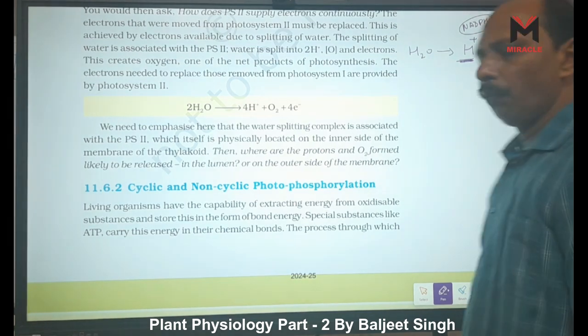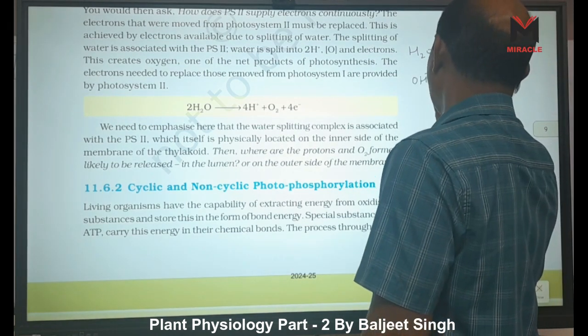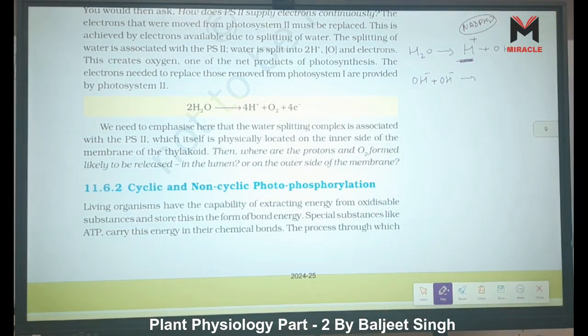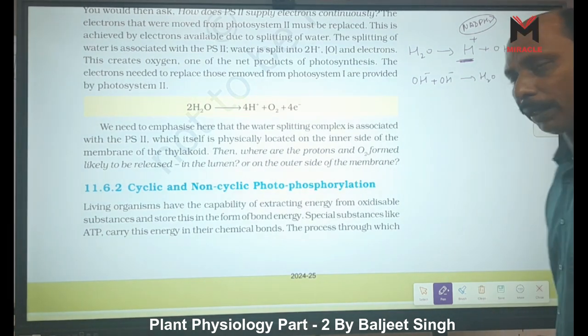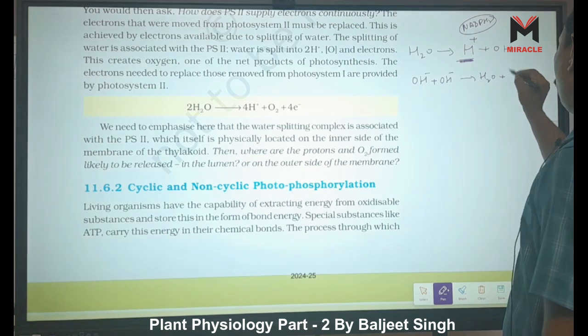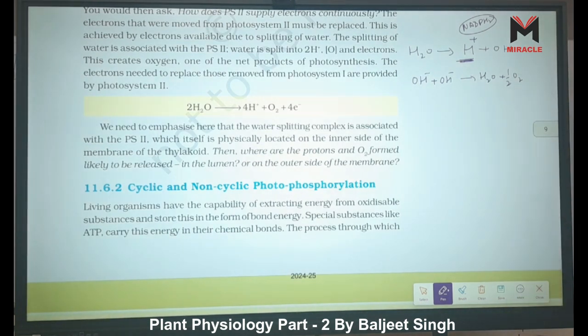Now this OH, where does this hydroxide ion go? OH minus plus OH minus, they form two molecules of hydroxide ion. They form H2O, one molecule of water, plus half O2. Oxygen is not released in the form of nascent oxygen. It is released in the form of molecular oxygen, right?